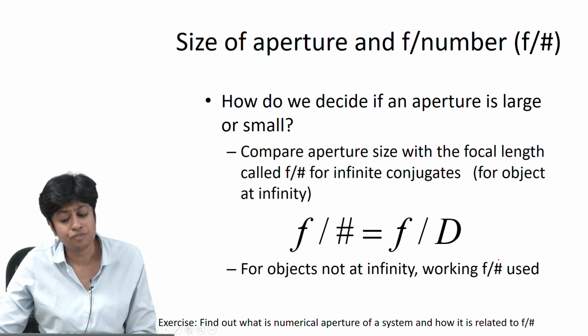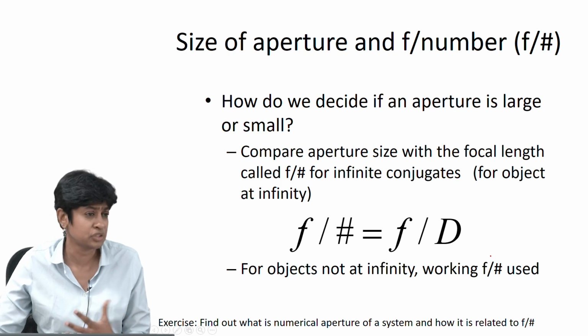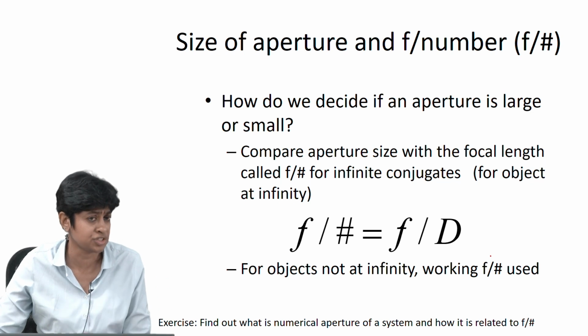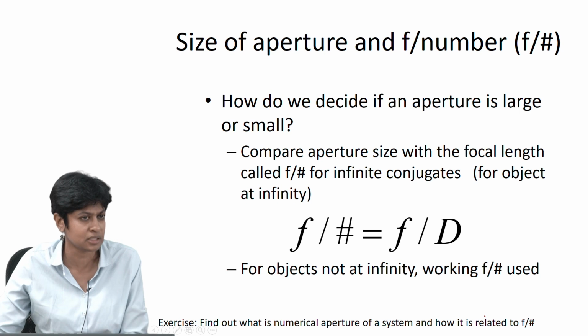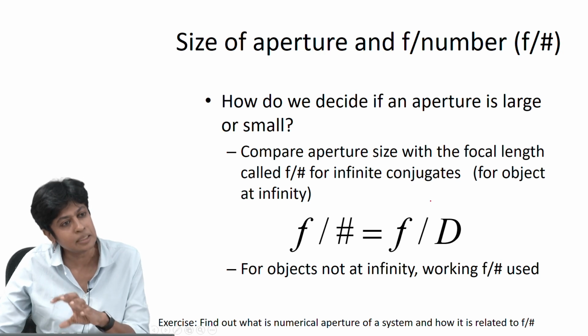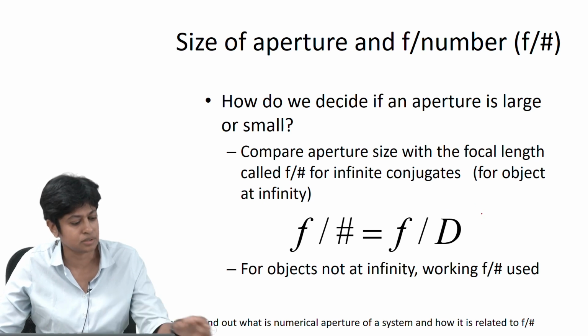This definition is really used for infinite conjugates, but very often in photography it will be used even if your object is closer to the lens and not really at infinity. We won't go into the working f number definition, which you use for objects that are closer, but to understand the importance of the f number, it's enough to take this definition with infinite conjugates.